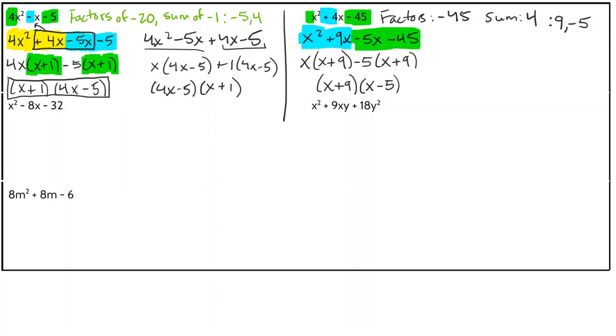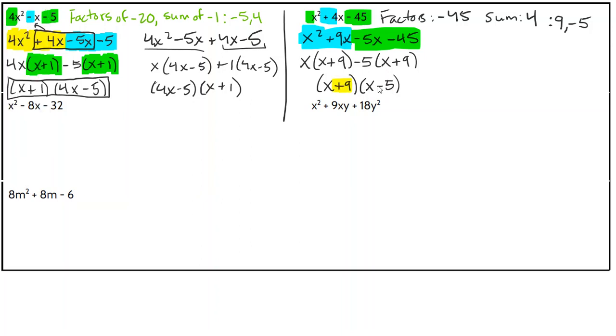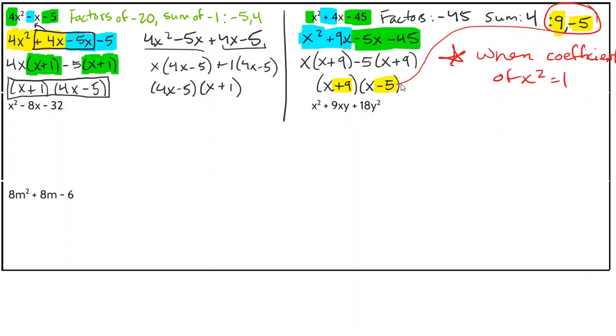Now, if we look at this carefully, we might notice that inside those factors, it's just a regular x, and we have positive 9 and negative 5. When the coefficient of x squared is 1, then we can take these numbers and go right into the factored form, but only when the coefficient of x squared is 1.